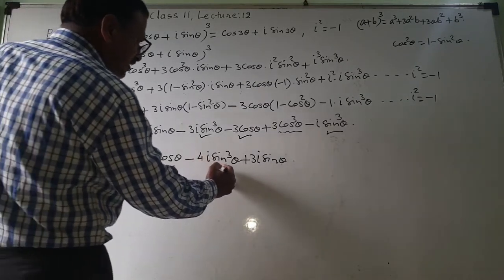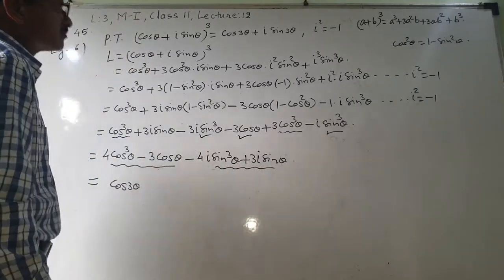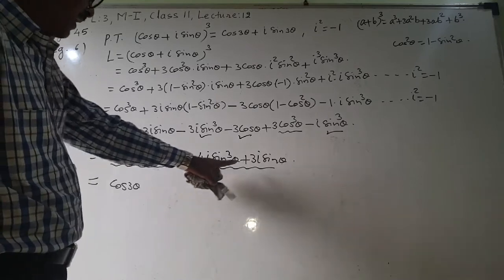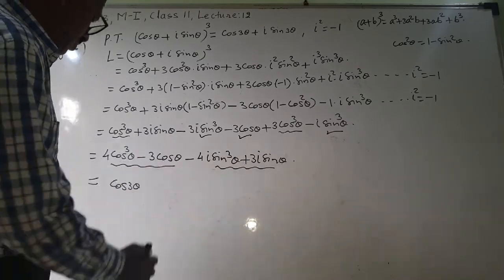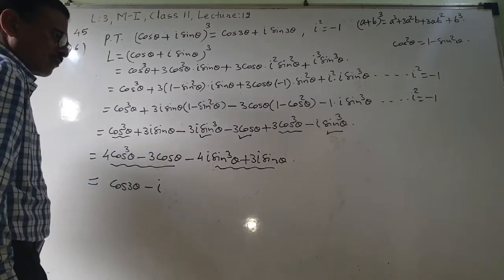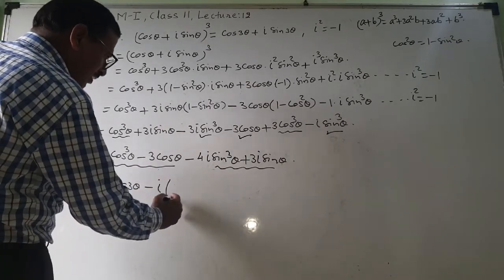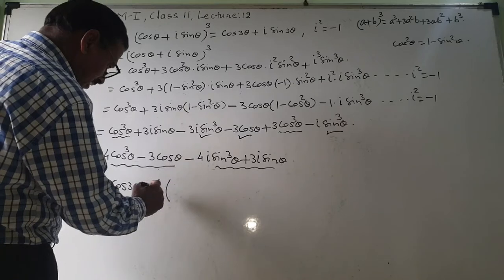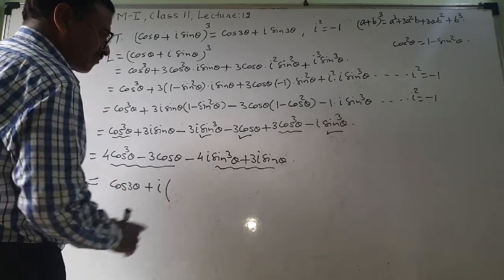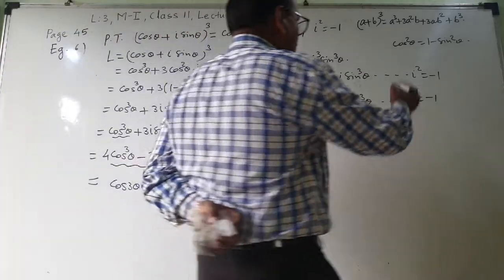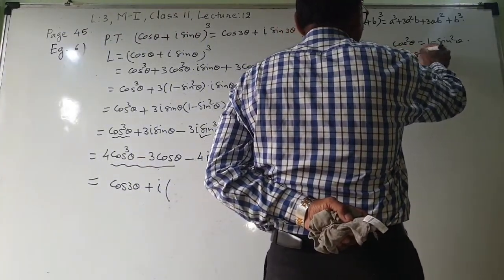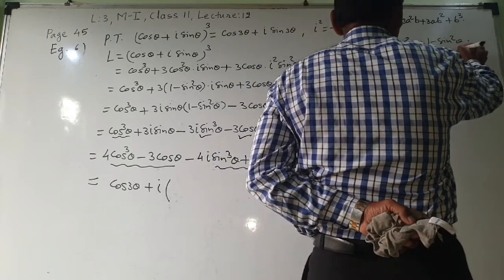Now for this, I take out minus i. What is remaining? Instead of taking minus, I will take plus i, because I know the formula for sin 3 theta. Sin 3 theta is equal to 3 sin theta minus 4 sin cube theta.